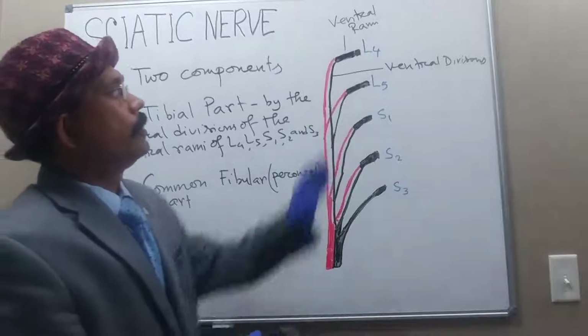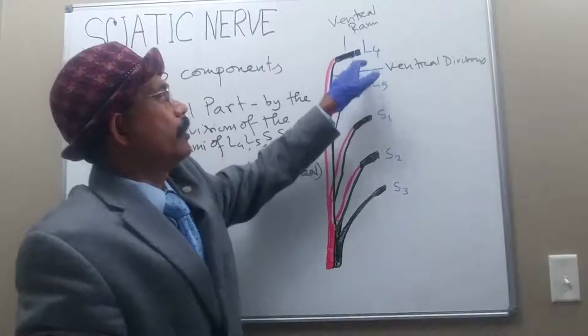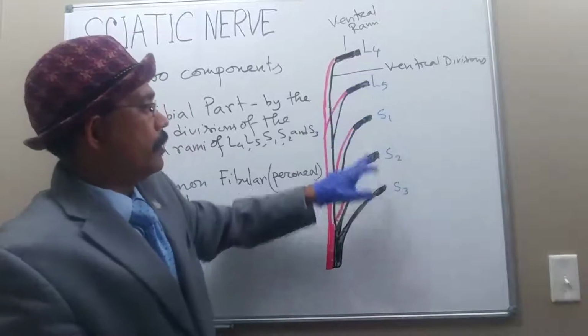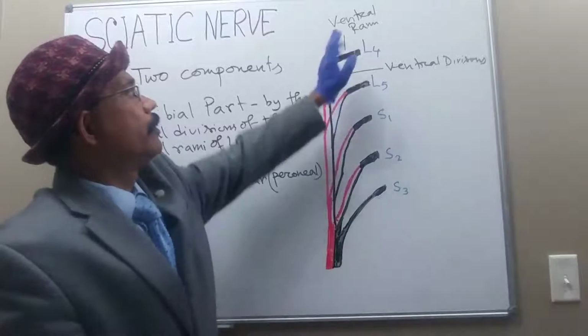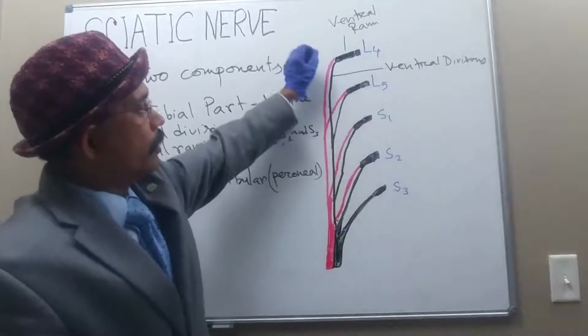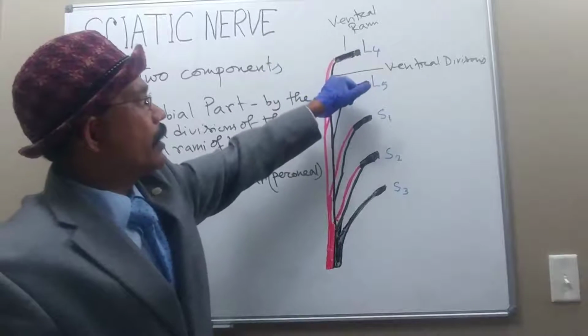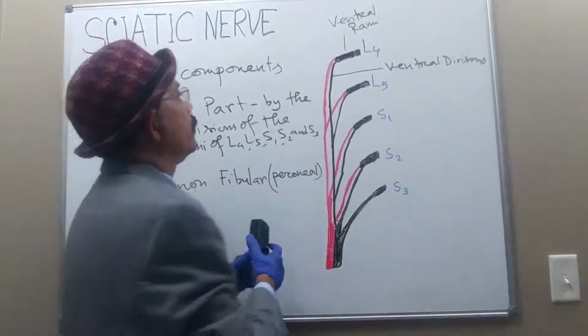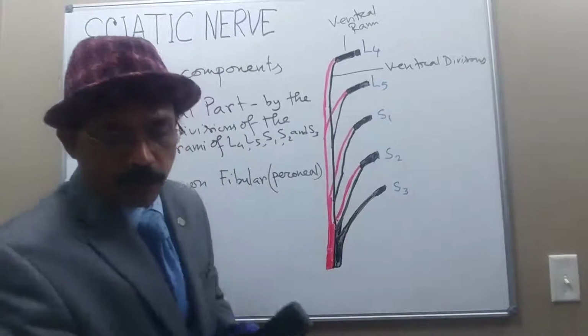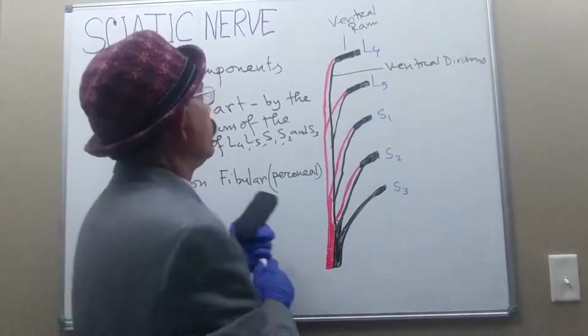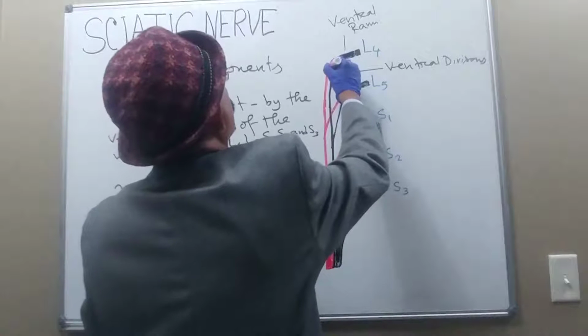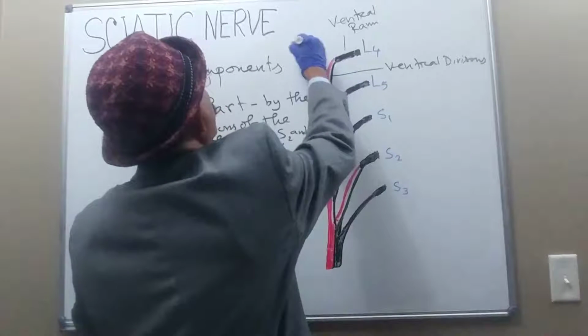So this is ventral rami 1, 2, 3, 4, 5. These are divided into the ventral division, and the red is the dorsal division. This is the dorsal division.